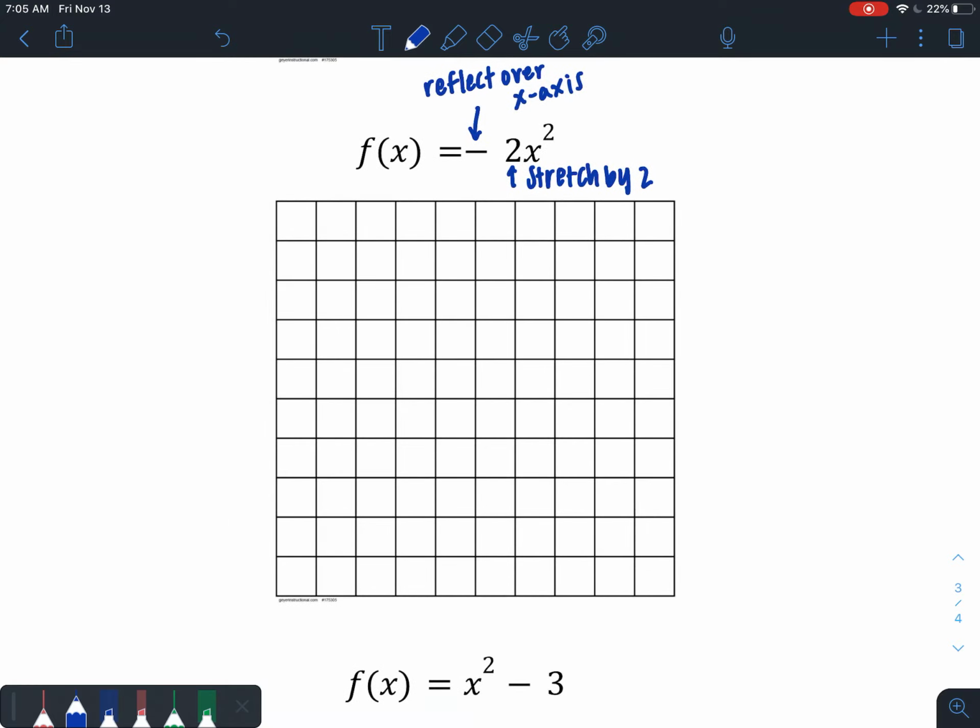I'm going to rewrite the equation as f of x equals negative 2 times (x minus 0) squared plus 0. So my vertex is at 0, 0, and my axis of symmetry is at x equals 0.